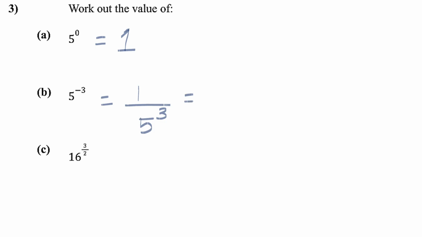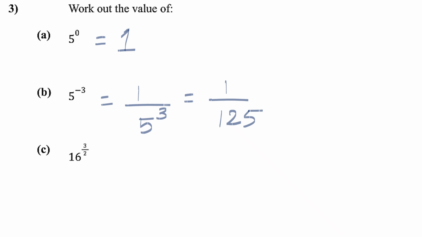Now we have to simplify this because we have to find the value. So you can't keep it this way. They don't want the answer in the indices form, they want a final value. So 1 divided by 5 to the power 3, or 5 cube is 125. So you will write 125 over here. So this will be your final answer.